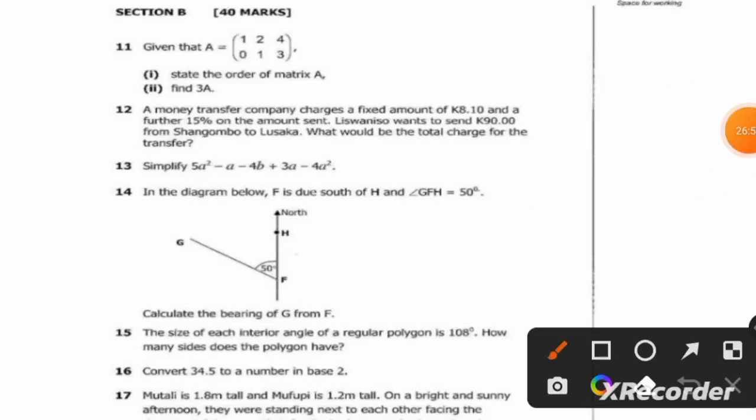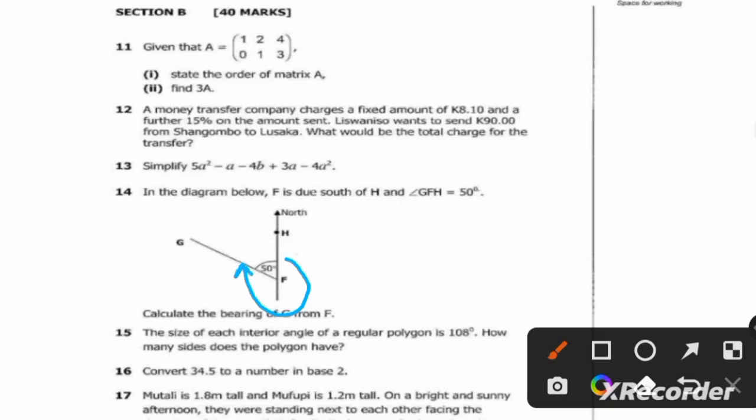The question continues, calculate the bearing of J from F. We have been given the north, so we are calculating the bearing of J from F. We are going to move in the clockwise manner like this until we find the line that is going to J.